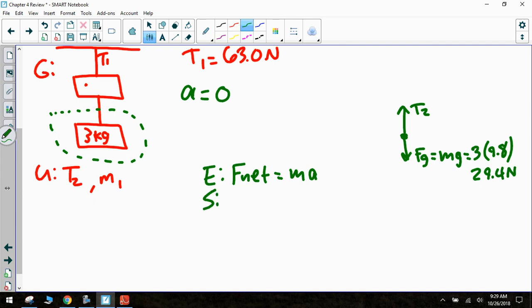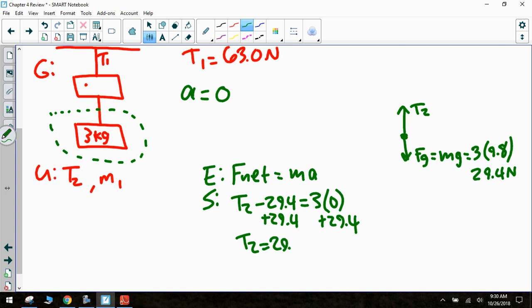Okay, so we go to solve. We got T2 minus 29.4 equals 3 times 0. Add 29.4 to both sides. And I got T2 is equal to 29.4 newtons, which I had 3 sig figs before, so that's going to be good.